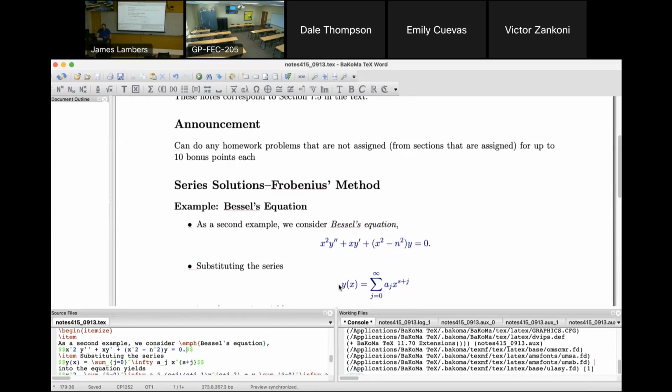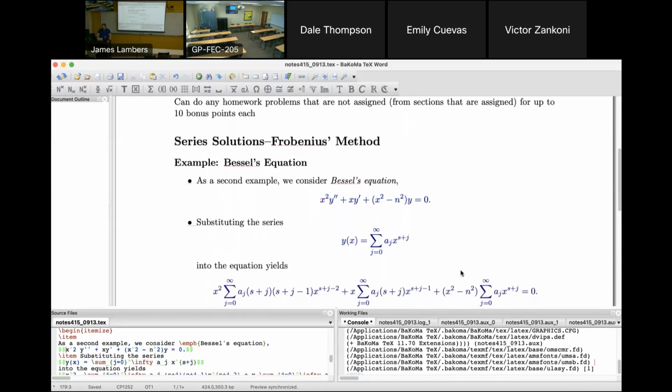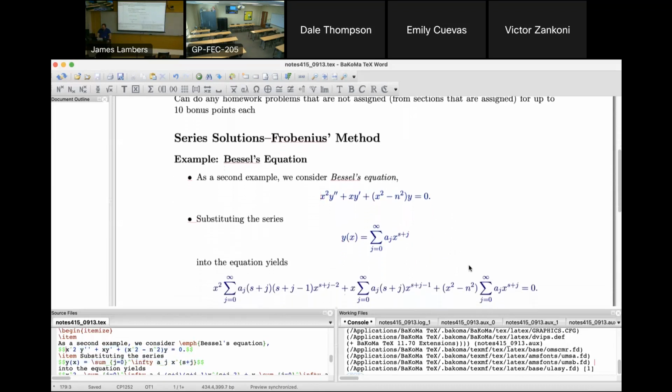So, first thing I do, take this power series, take its first and second derivatives. In this case, it's using the power rule, and substituting those into the ODE. Doing that, with no other algebra as yet, leads me to this.